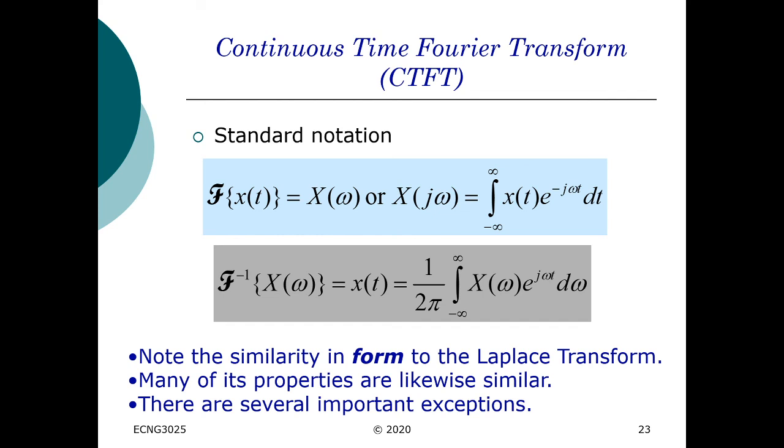One thing to note is that the continuous time Fourier transform is quite similar in form to the Laplace transform, and many of its properties are really similar. But there are some important exceptions that we will discuss later on.